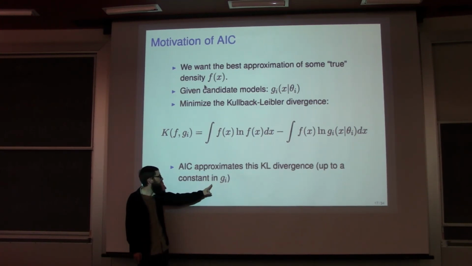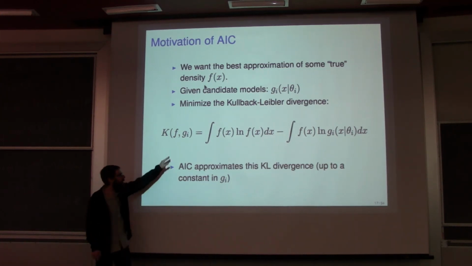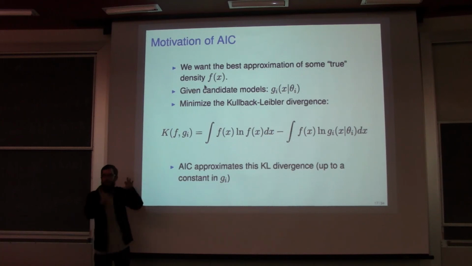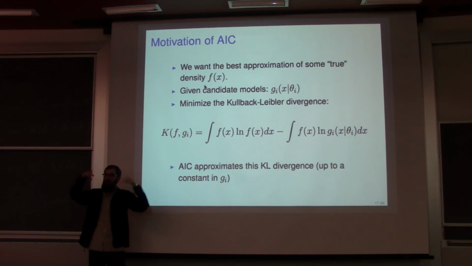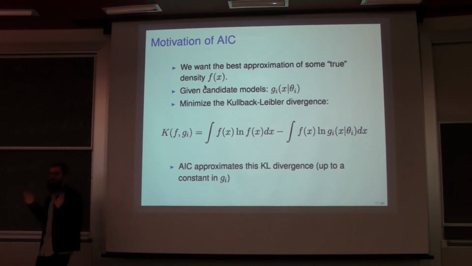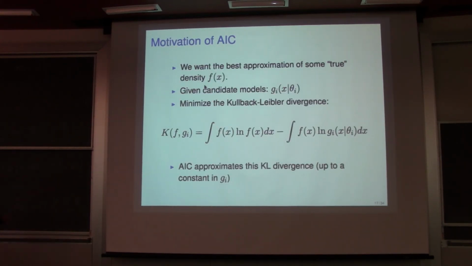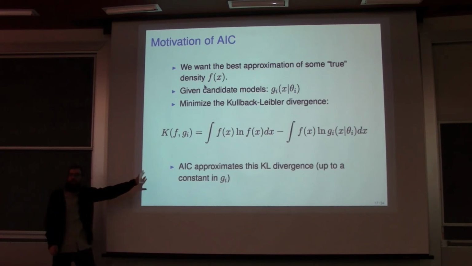Constant in g means that it doesn't depend on g. So with your approximation of the KL divergence, you can compare the different g's to each other because you're only off by a constant. The relative difference between the KL divergences is the same as the true KL divergence. So yeah, that's the trick in the AIC.